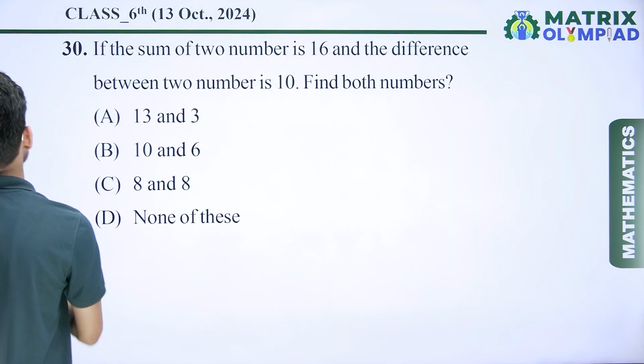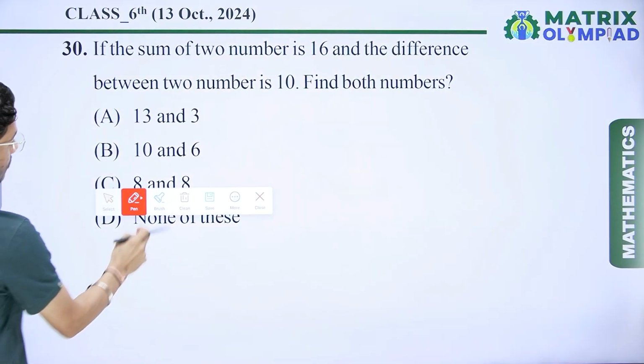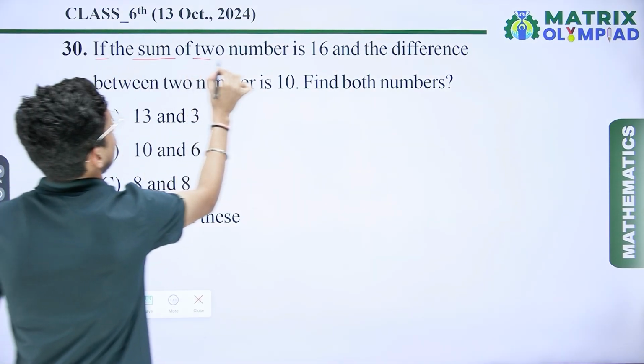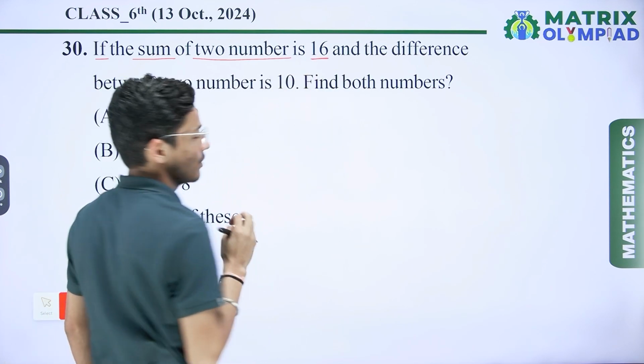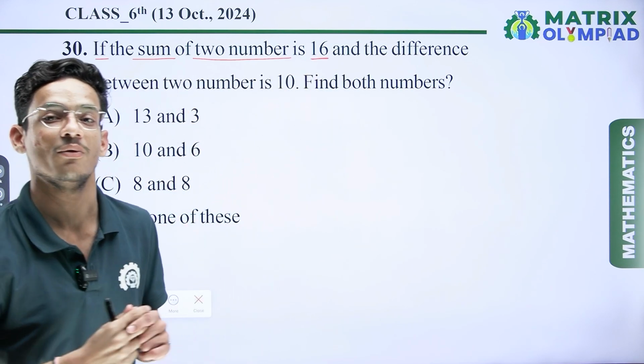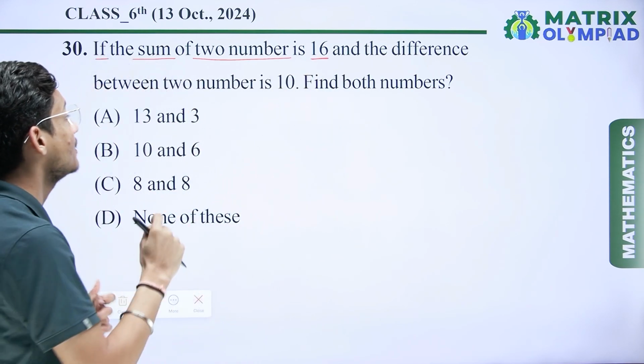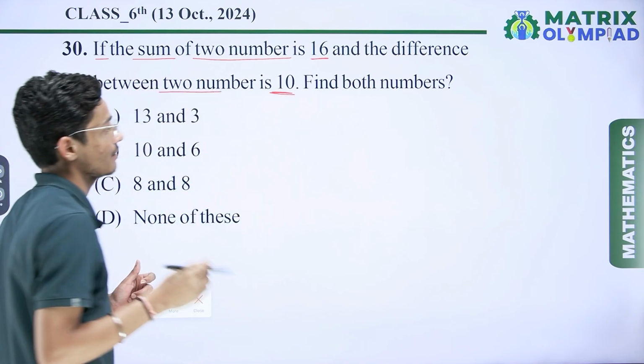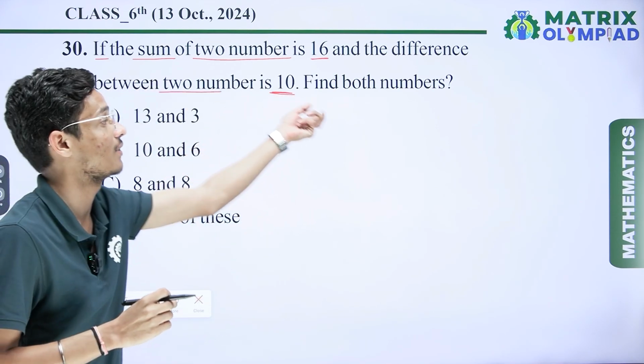If I talk about the next question, that is, if the sum of two numbers is 16 and the difference between the two numbers is 10, then find the numbers.